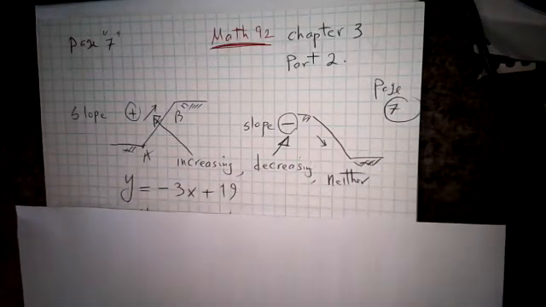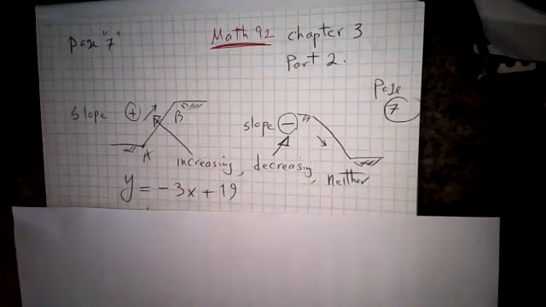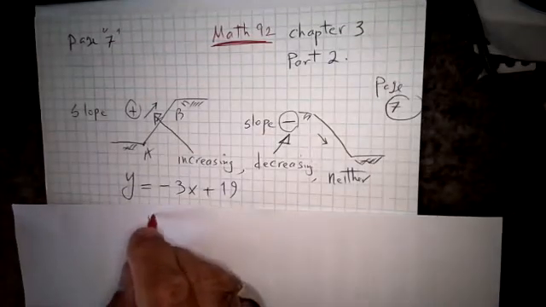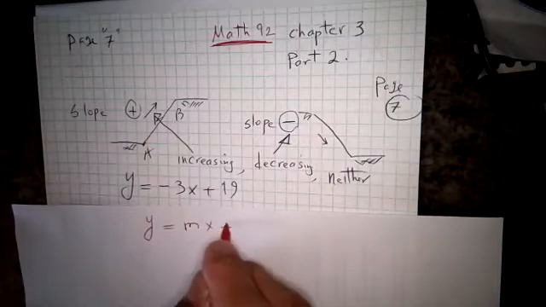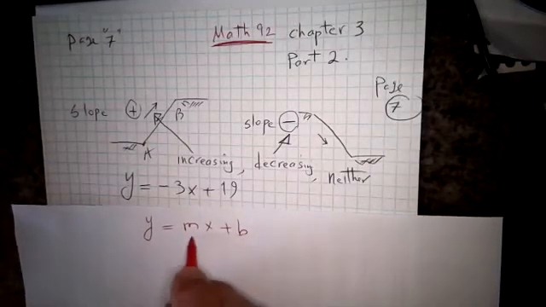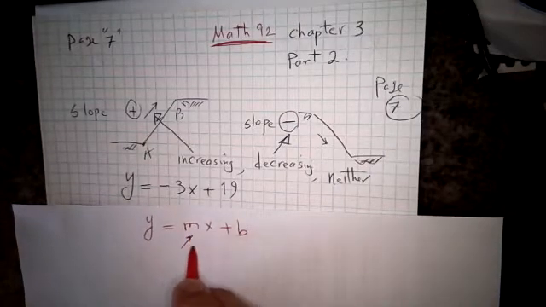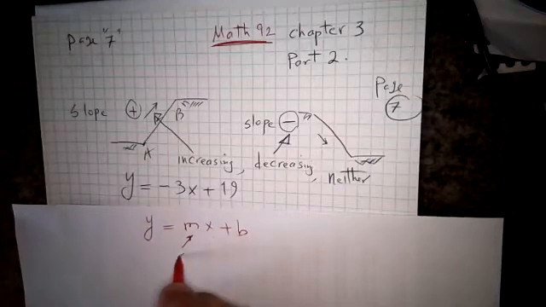Let's look at this example. y equal minus 3x plus 19. So the general equation for any line is y equal mx plus b. m is a slope and always sits next to x.